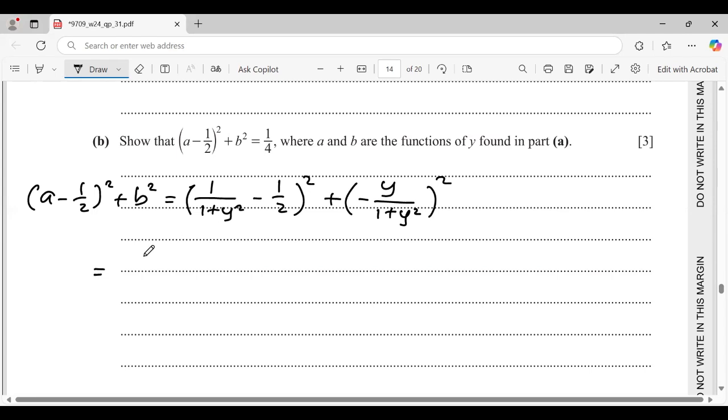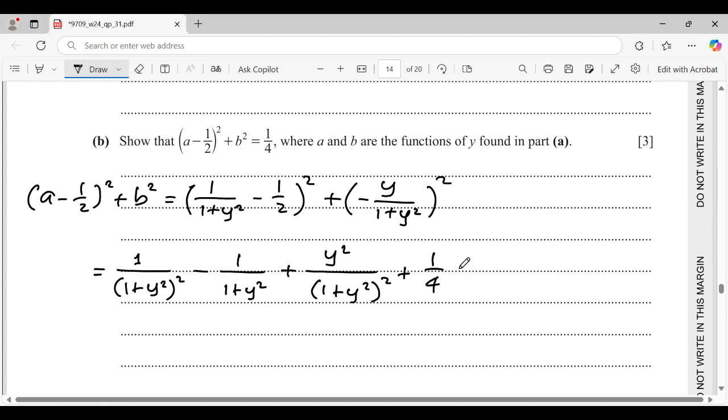It is 1 over 1 plus y squared squared, minus 2 times 1/2 times this fraction, 1 over 1 plus y squared, and plus y squared over 1 plus y squared squared. I forgot this one, plus 1/4.